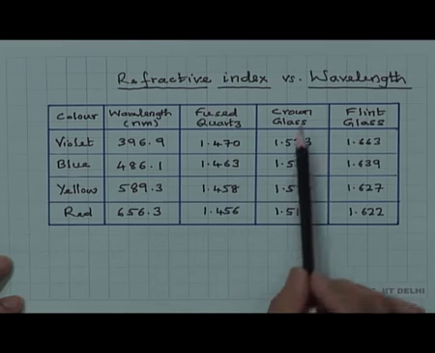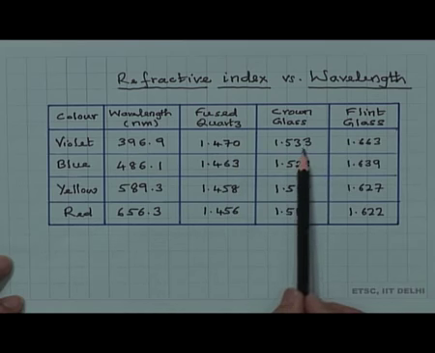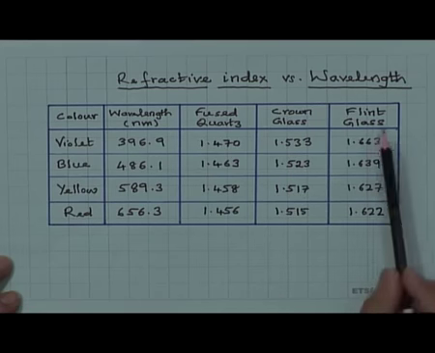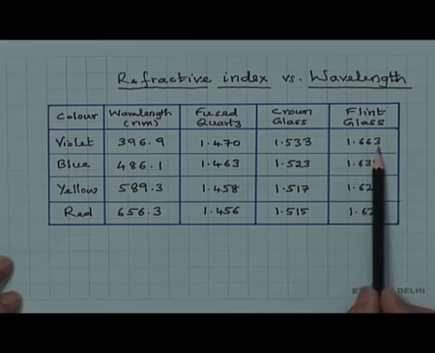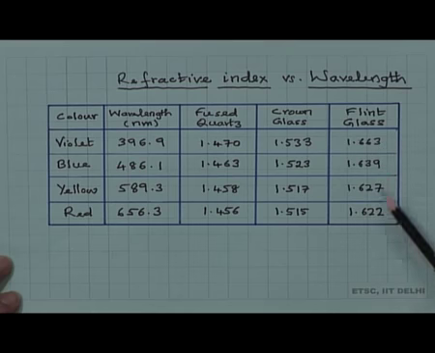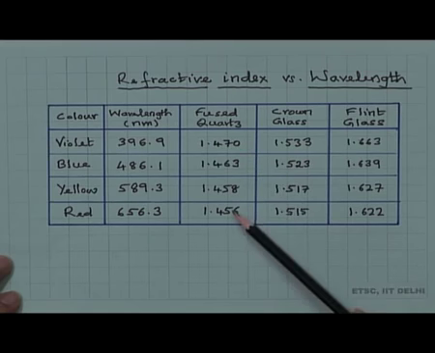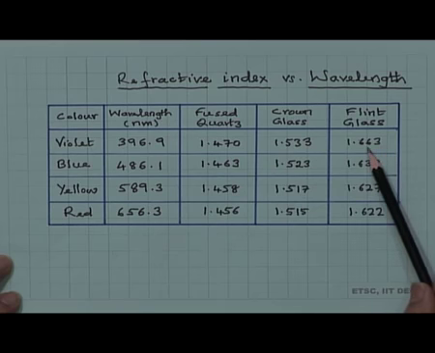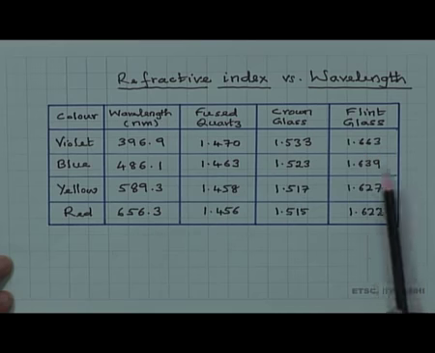You see the same thing for crown glass: 1.533, 523, 517 and 515, and for the flint glass 1.663, 639 and so on. The maximum change here is approximately 0.041, whereas the maximum change for fused quartz is 0.014.